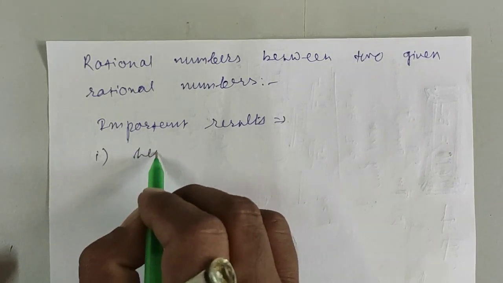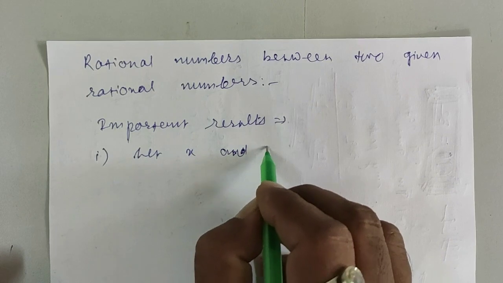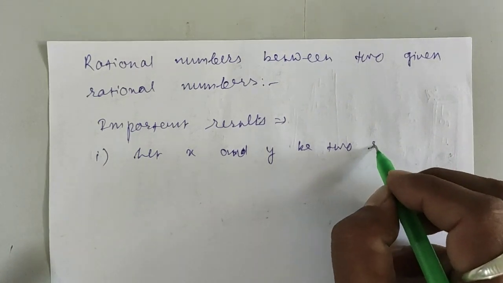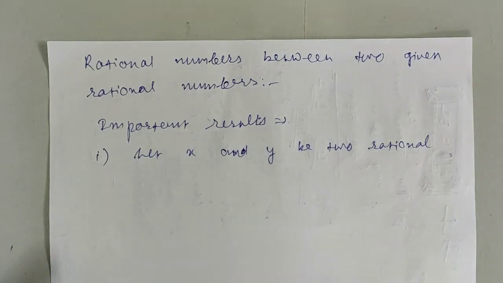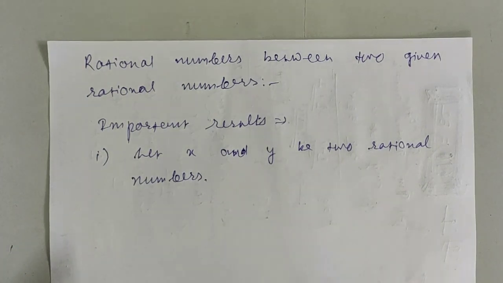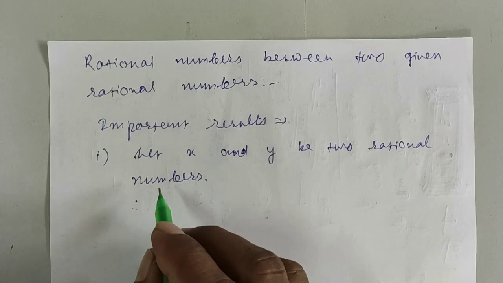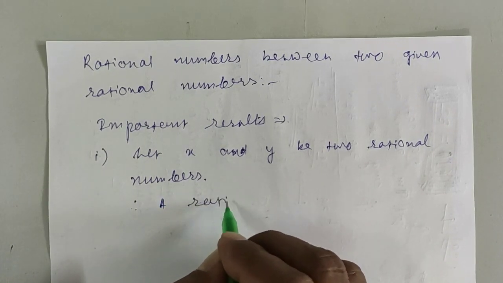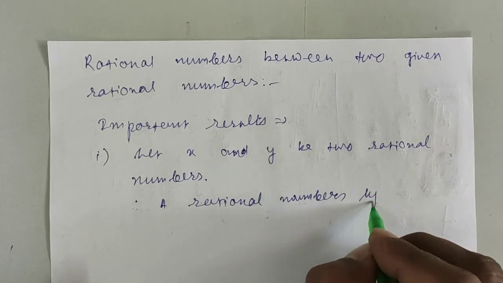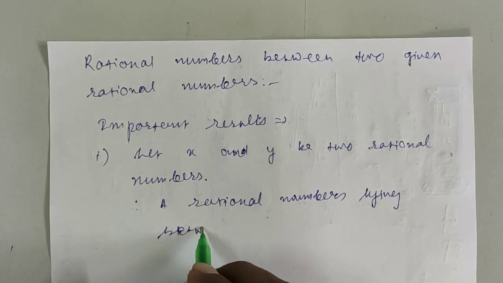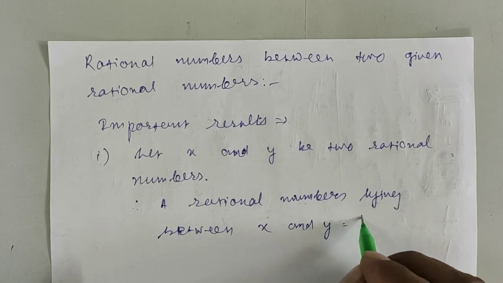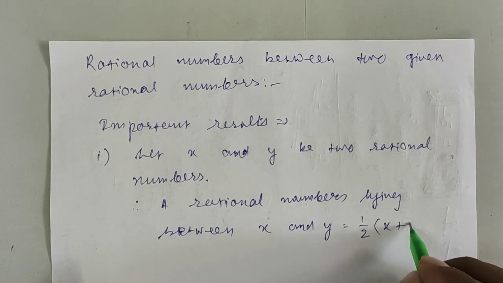Let x and y be two rational numbers. Then a rational number lying between x and y will be obtained by 1/2 of (x plus y).